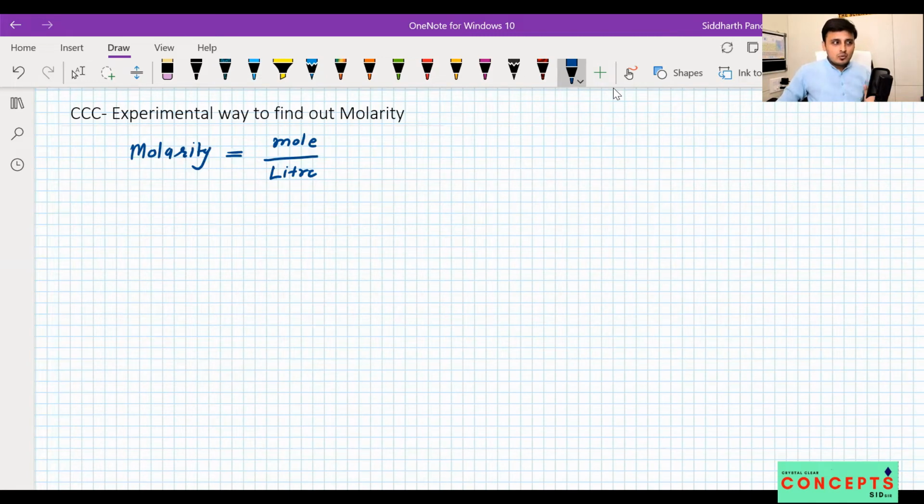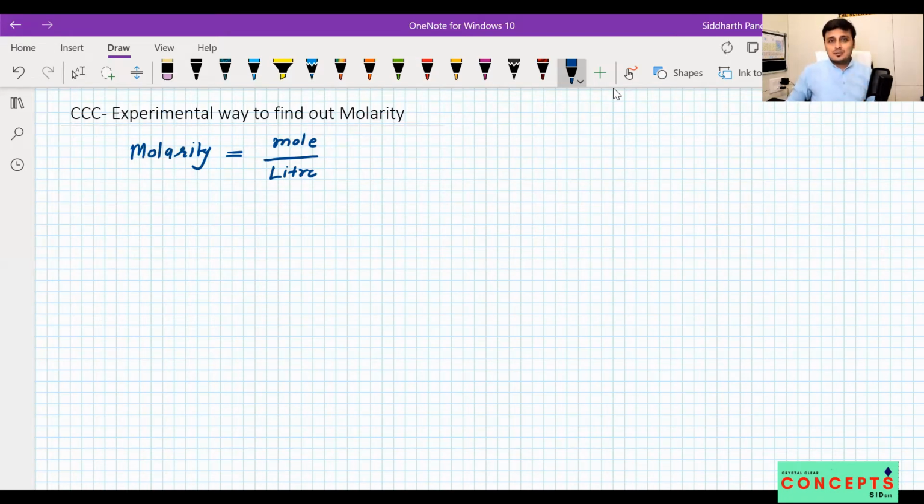But how do we understand that it is 1 mole? We have to take the gram molecular mass of NaOH using the weighing balance. First of all, we need to understand what a mole of NaOH is. Mole of NaOH is mass upon molar mass of NaOH. We have to take 1 mole, so 1 mole is equal to how many grams of NaOH?